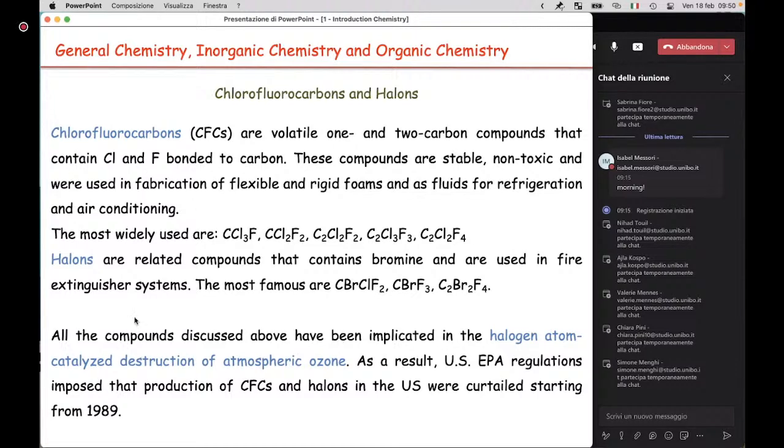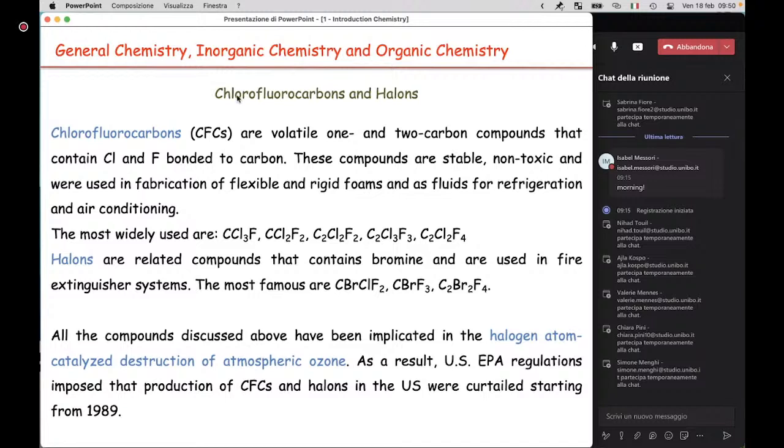Okay, I don't think this is very important right now. We will see in much greater detail in the following, but it is important to recall that a particular kind of haloorganic compounds called chlorofluorocarbons have been very important as gases for refrigerating, for freezers and similar, also air conditioning.